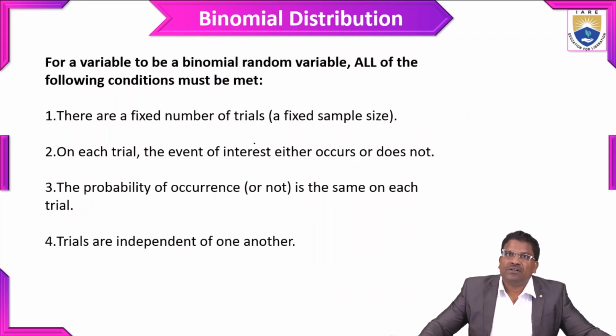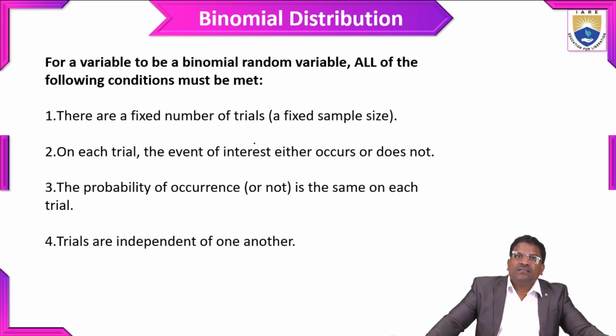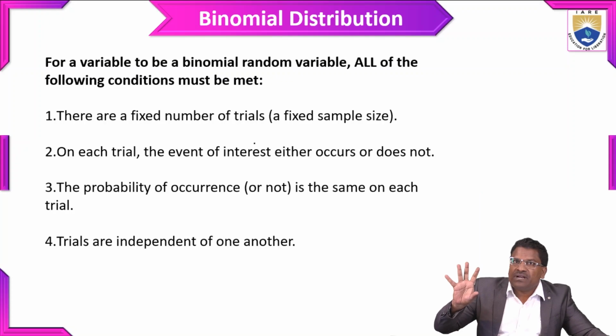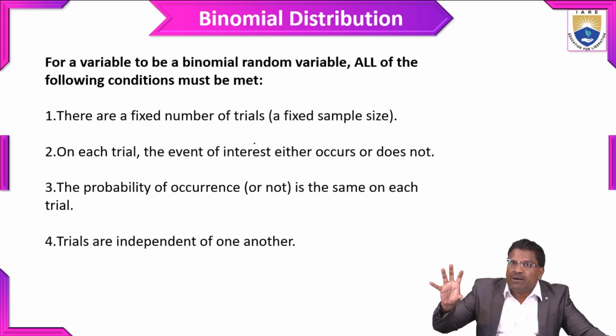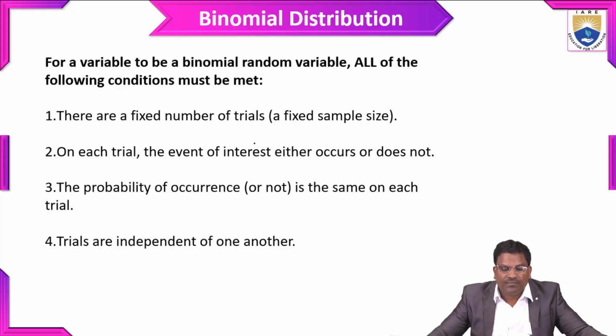For a variable to be a binomial random variable, all of the following conditions must be met. The first one is there is a fixed number of trials, a fixed sample size, n is limited. That's why it comes under a discrete random variable.